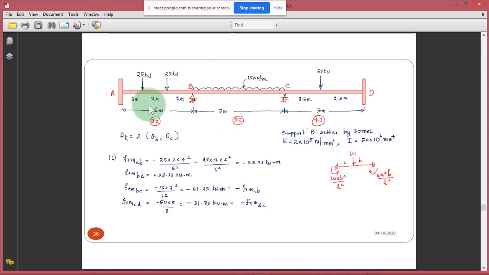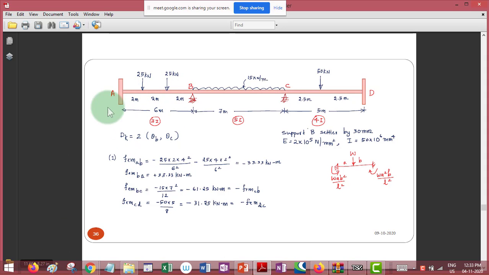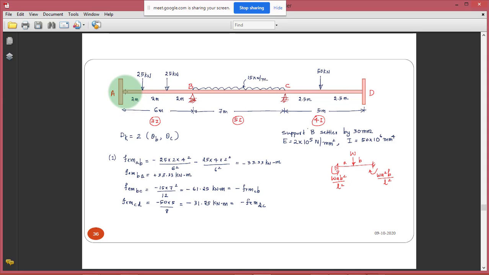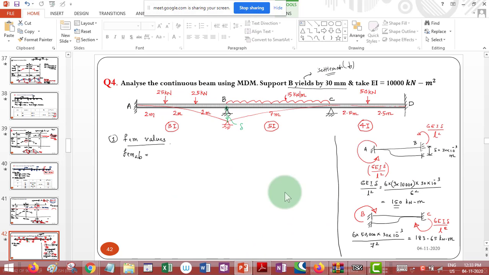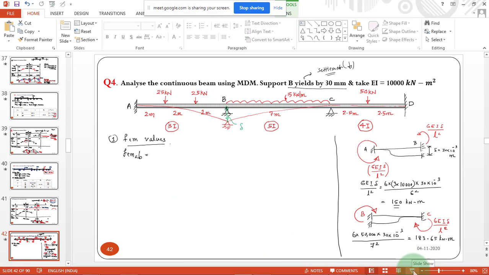So for this loading, 25 and 25 at 2 meter spacing, the FEM, the fixed end moment, will be anti-clockwise at the joint A, so that value is minus 33.3. I am taking that value directly just to save some time in the calculation.